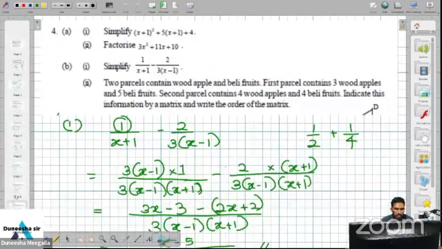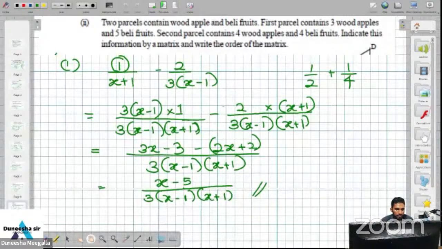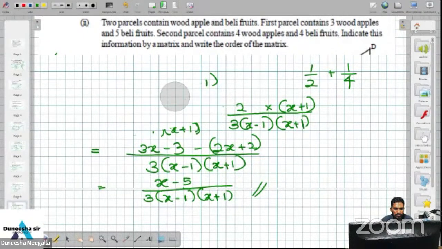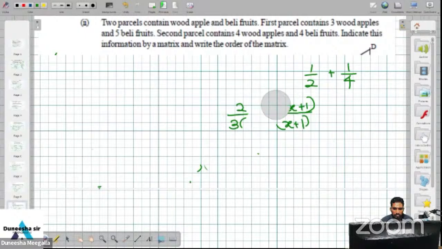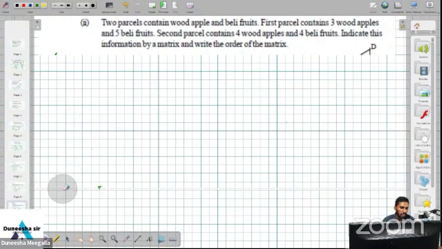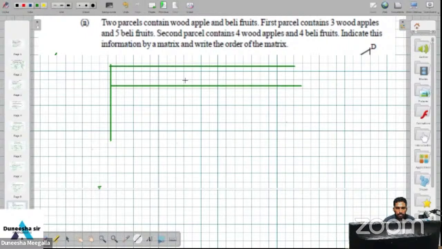Do you remember matrices? Can you remember the matrices? Can you put these details in a table? I'll draw a table, and you try to input the data into the table.